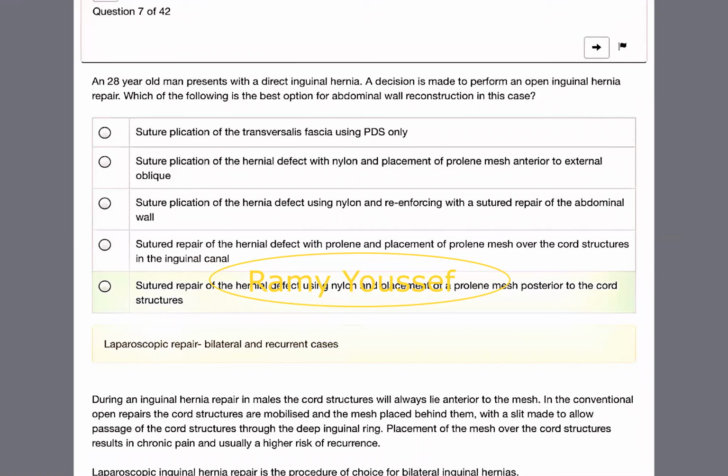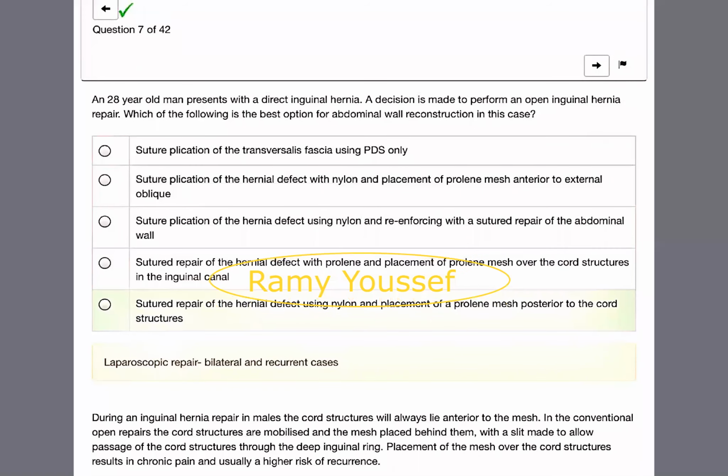If it is unilateral, we always go for open hernioplasty with a mesh, and if it is bilateral or recurrent, we go for laparoscopic. Here we have a young male, 28 years old, with a unilateral direct inguinal hernia, so I'm going to do a hernioplasty with a mesh.